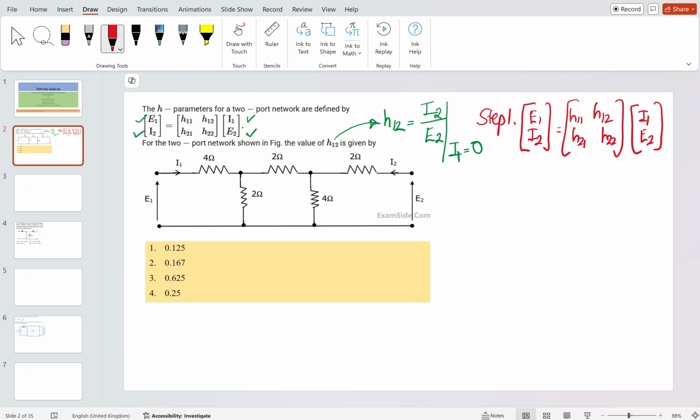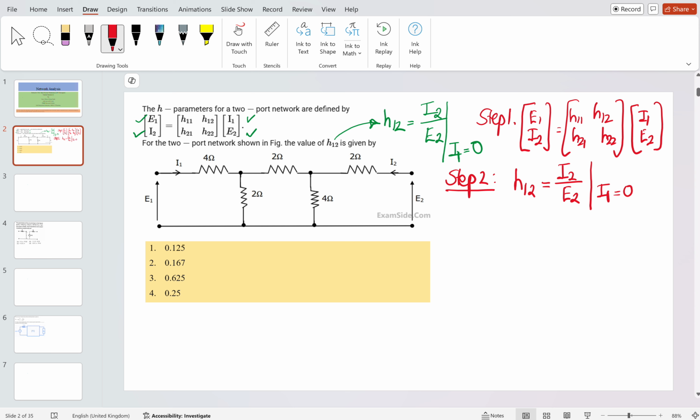Step two: if it is asked to find the value of one single parameter, which is the case in this problem, that is H12. From the matrix itself, H12 is simply I2 by E2 at the value of I1 equal to 0.